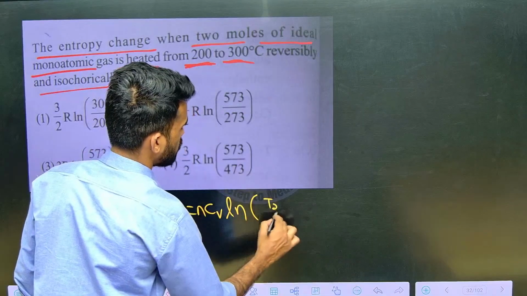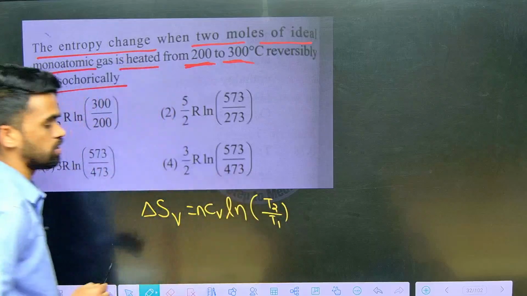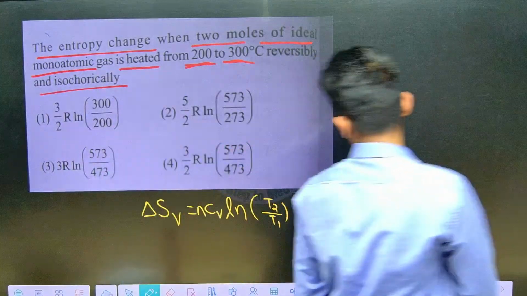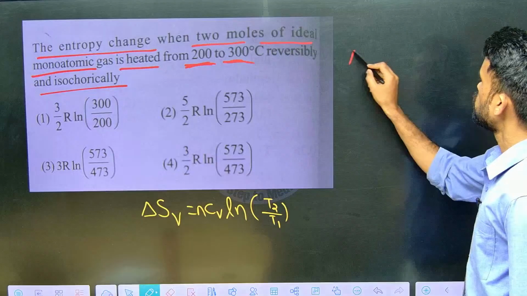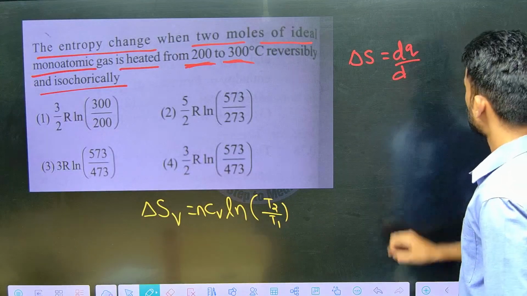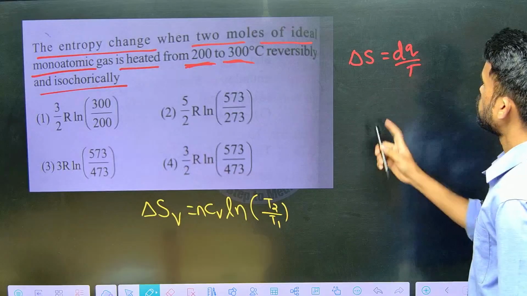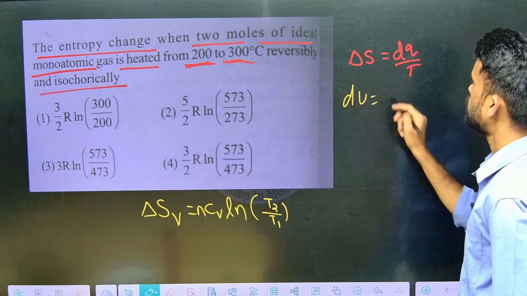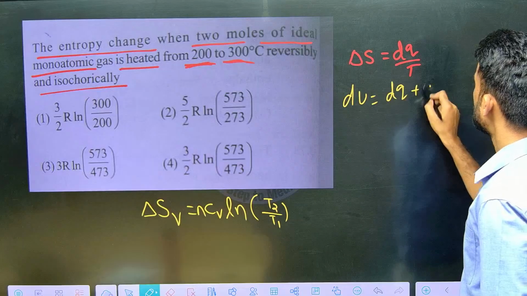But you might be thinking how we got this formula. Because entropy change is equal to dq by T, right? Now as per the first law, we have dU equals dq plus dw.